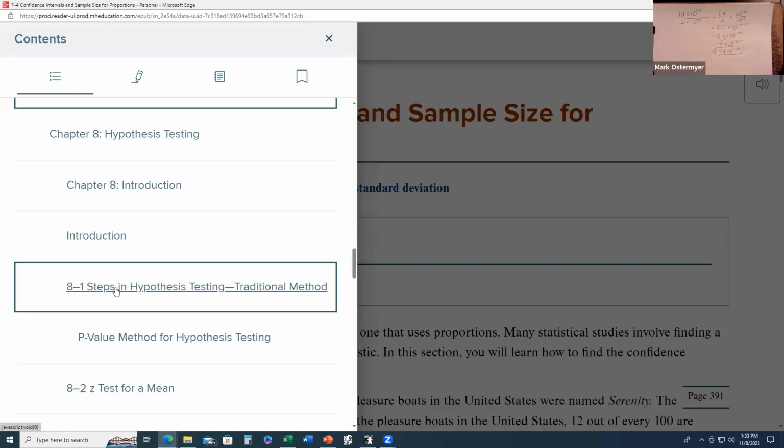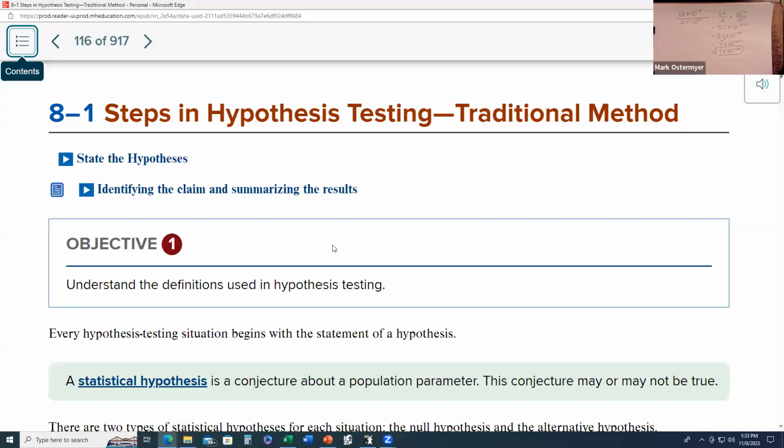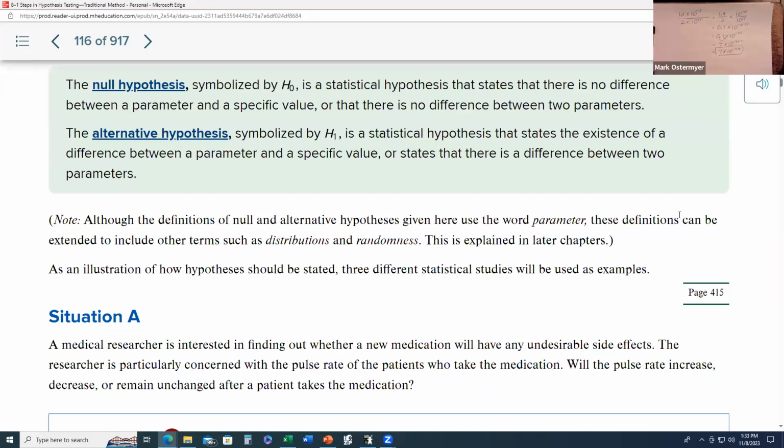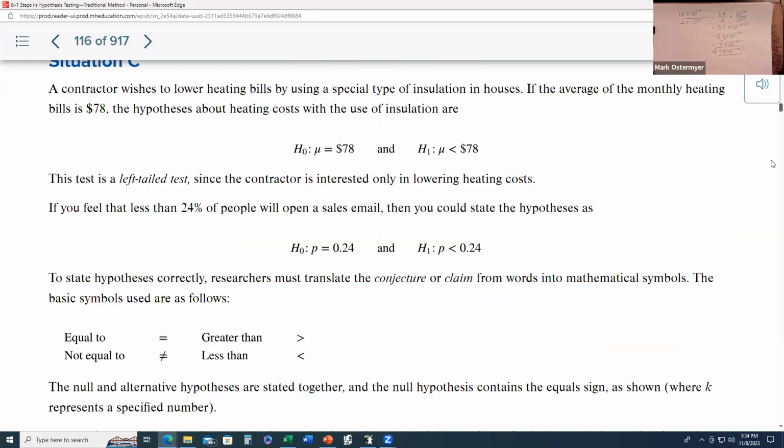So section 8.1. Steps in hypothesis testing. Two different ways. Critical value method versus the p-value method. All right. So I'm going to go down here and we're going to look at a problem or two.